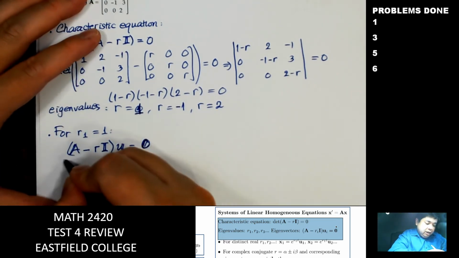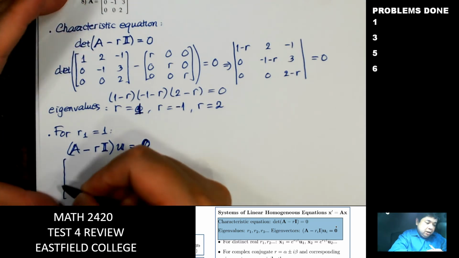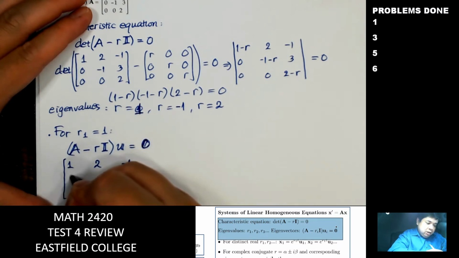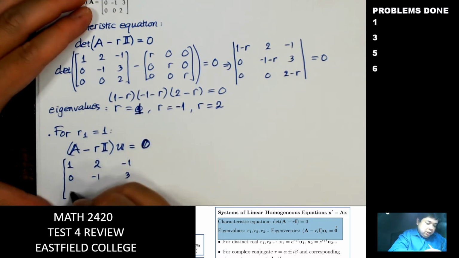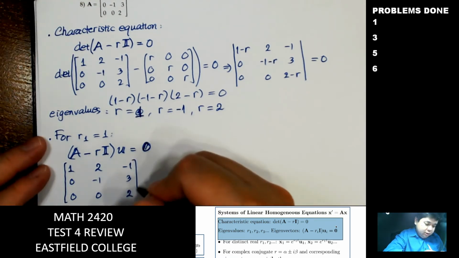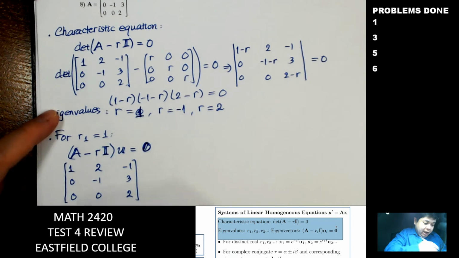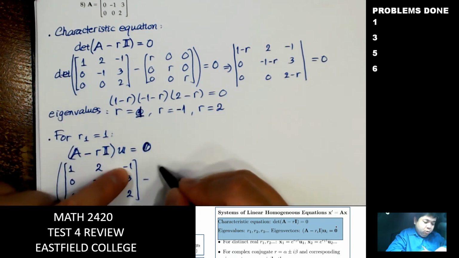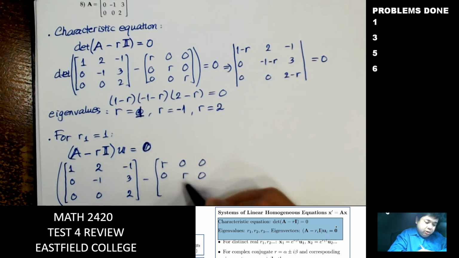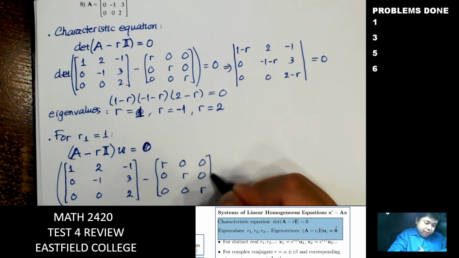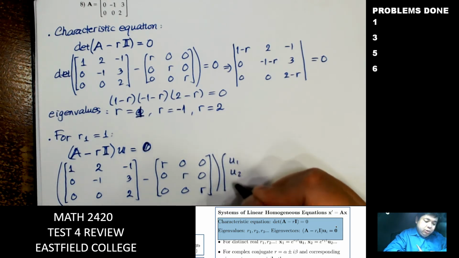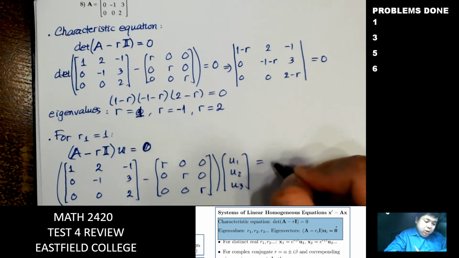So A is 1, 2, -1, 0, -1, 3, 0, 0, 2. And then minus R multiplied by the identity matrix, R, 0, 0, 0, R, 0, 0, 0, R. The vector U, U1, U2, U3 equal to a 0 vector.